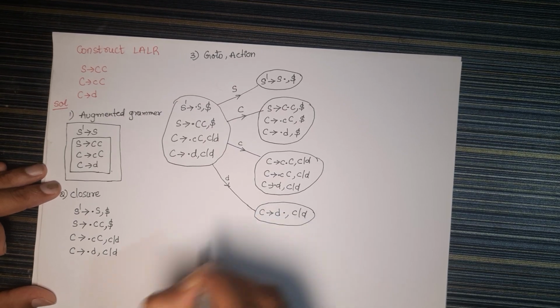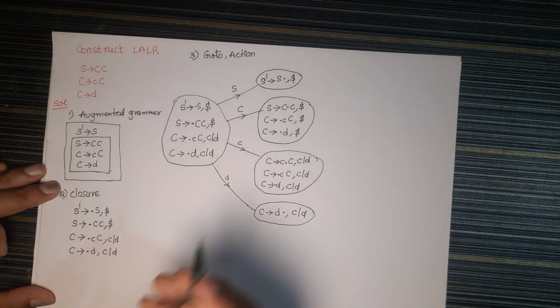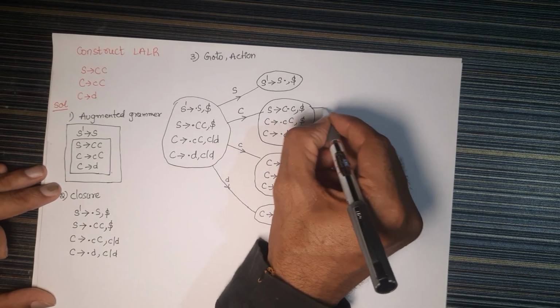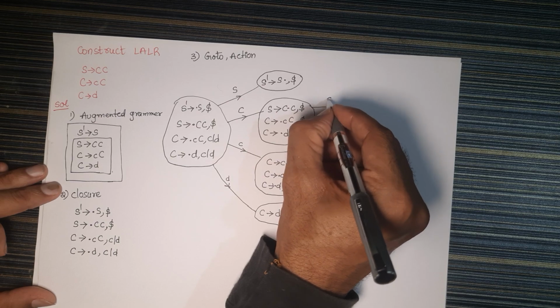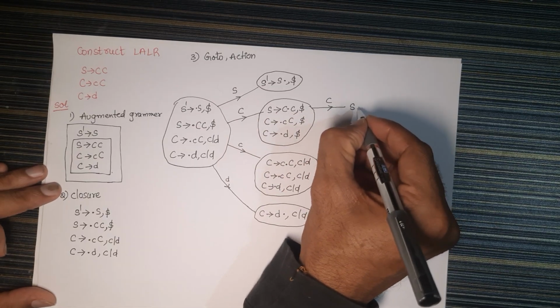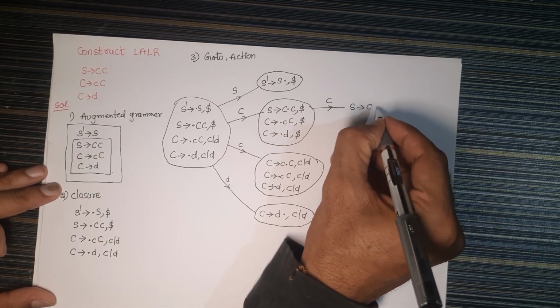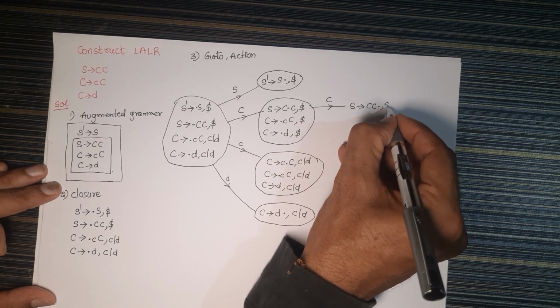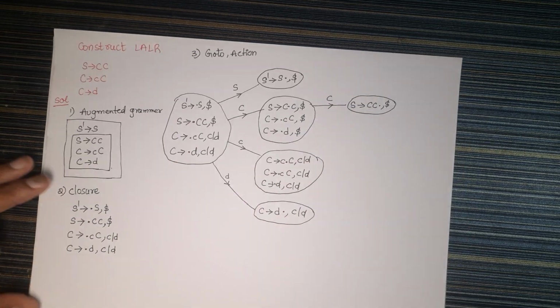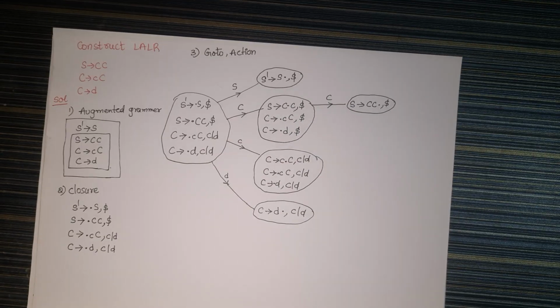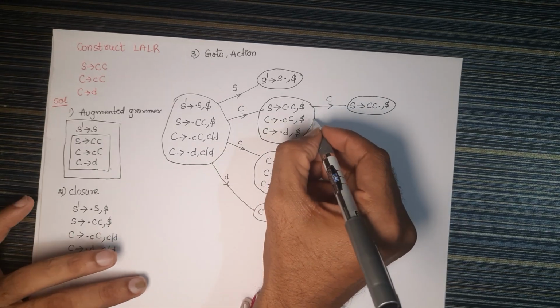So this is a way to find the goto. Now you see here, after the dot we have C, so I am going to find the value of C. S → C.C, $.